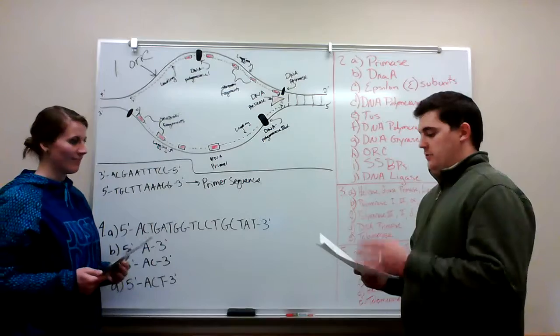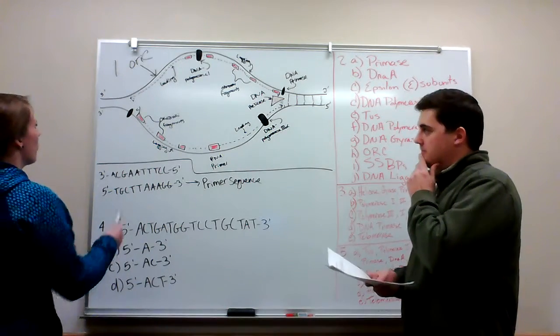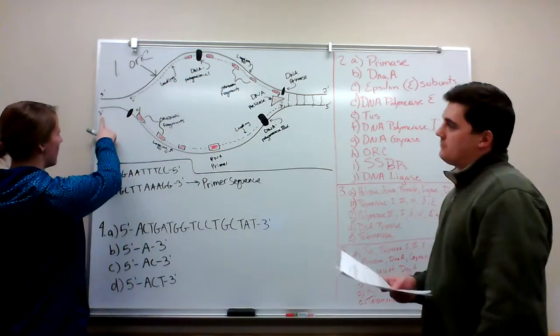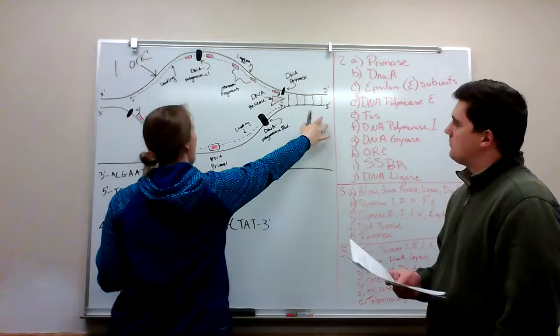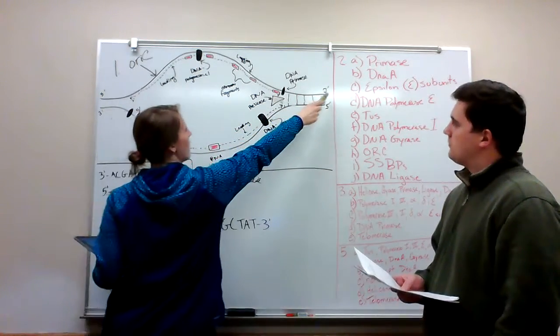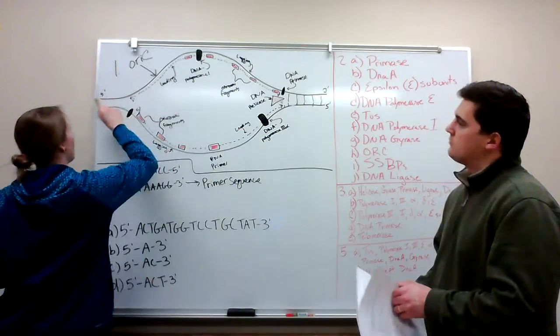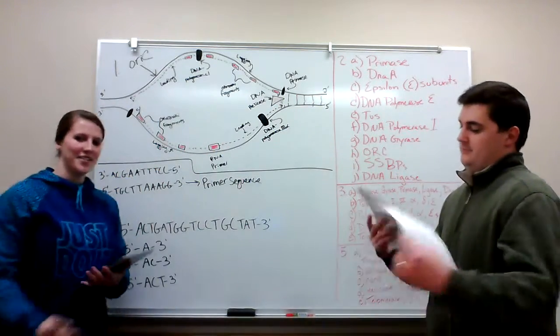It says also to indicate the polarity of all nucleic acid strands. So for the parent strand, we have this bottom strand going from 3' to 5', but it is being synthesized from 5' to 3', and then here we have this going from 3' to 5', and it's being synthesized from 5' to 3'. So those are the polarities.